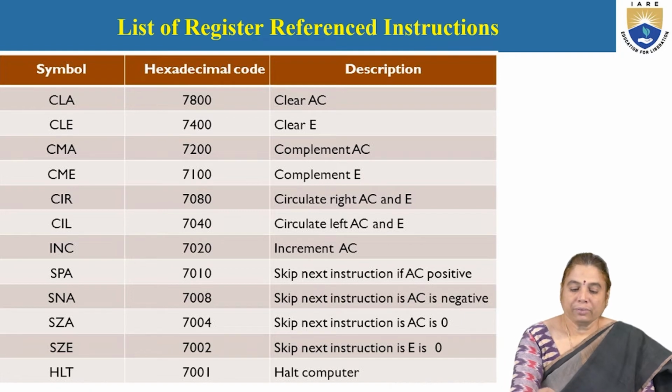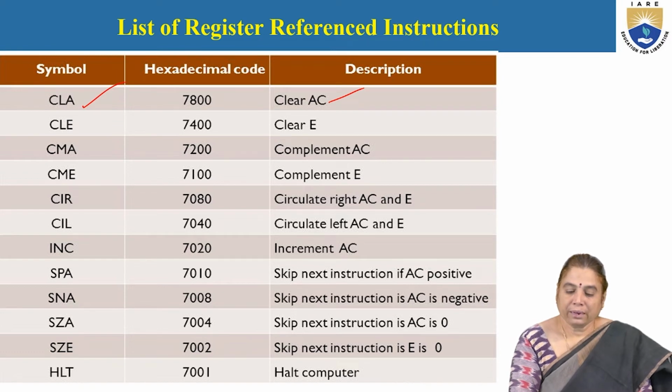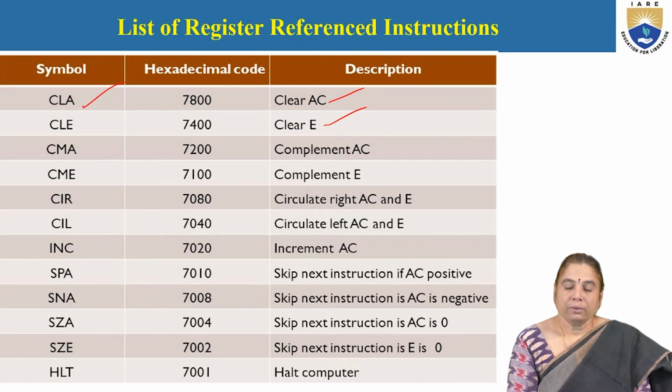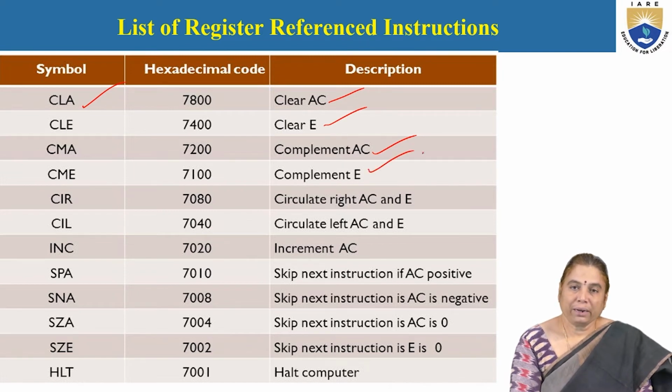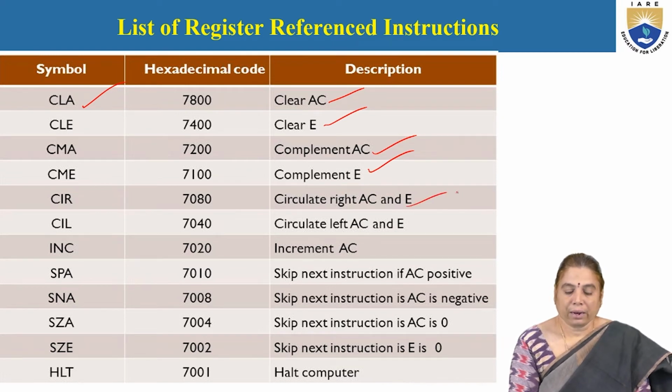The first one is CLA, clear the accumulator. The accumulator is loaded with a 0 value. CLE, clear E flip-flop bit, the E flip-flop is set to 0. CMA, complement accumulator, the complement of the accumulator is performed. CME, complement E, the E flip-flop is complemented. CIR, circulate right the accumulator and E value. CIL, circulate left the accumulator and E value.